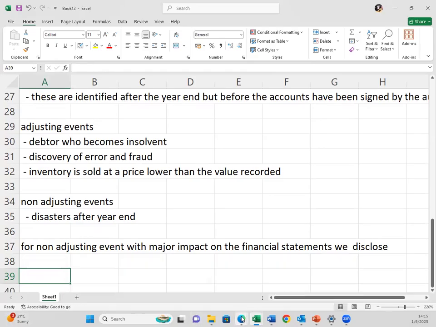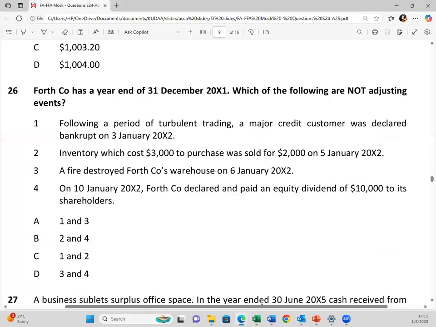Now with that in mind, let's go and answer the question. So what do you think is the correct answer? So yes, fire, which is a disaster occurring after the year end, because our year end is 31 December 20x1, and the fire occurred 6 January 20x2.